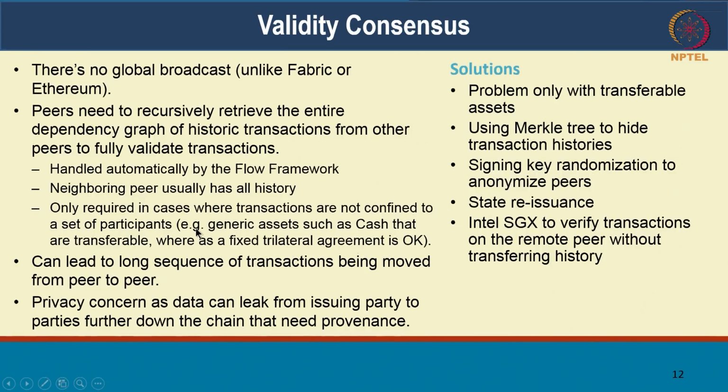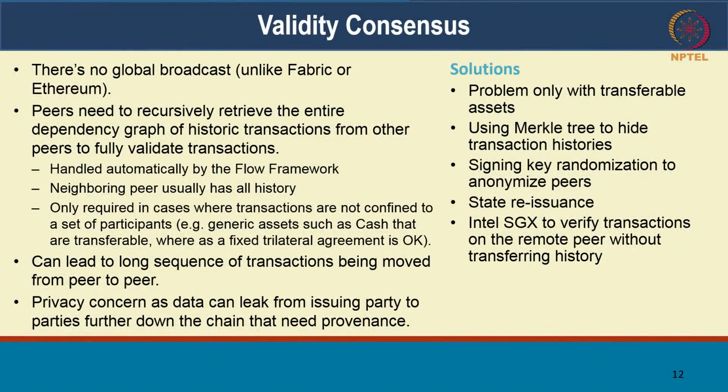This is only needed for assets that are being transferred. For assets that are not transferred across users, let's say there are just two parties trading these assets, there is no verification needed and no walking the chain needed. It's only when parties are seeing assets that they did not see before that this additional validation, verification, and walking the chain will be needed.